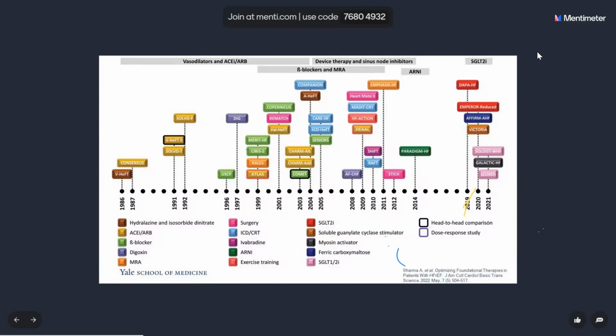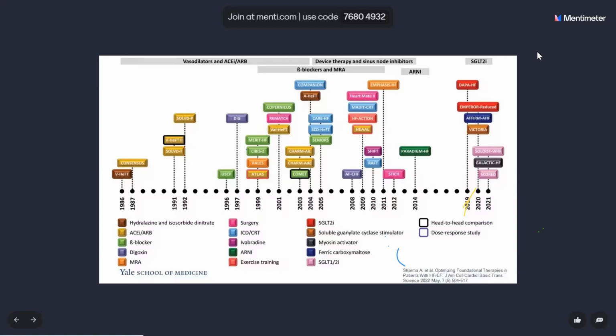But just to give you an overview, the first things that came out in the 1980s and early 90s were the vasodilators, and prior to that time, they were treating patients often with digoxin and hydralazine and diuretics.